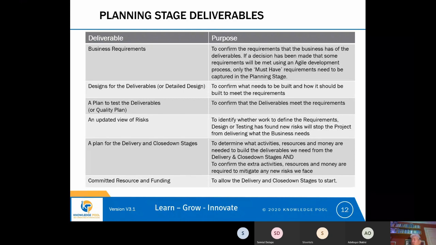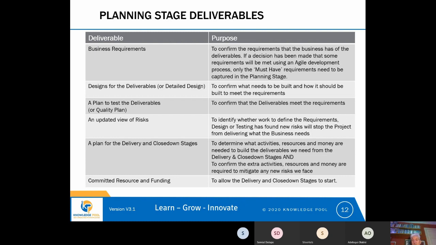And the risks that we found during initiation, we may have learned more about them. Our mitigating actions that we put into the plan for the planning stage may not have been successful. We may need to do more to mitigate the risk, or the possibility of the risk hurting the project may have passed. So one of the deliverables is an updated view of the risks.